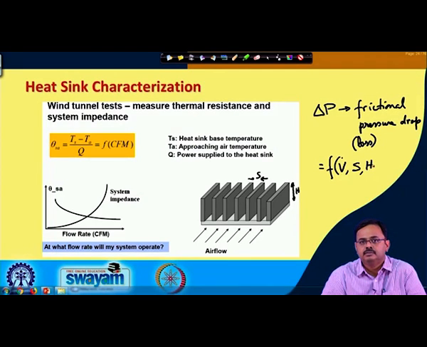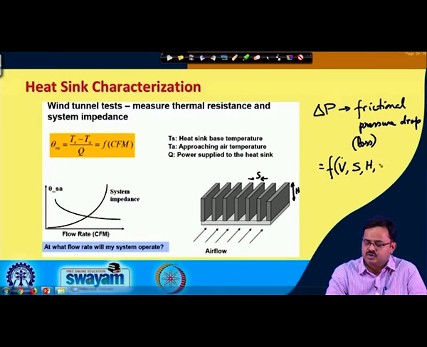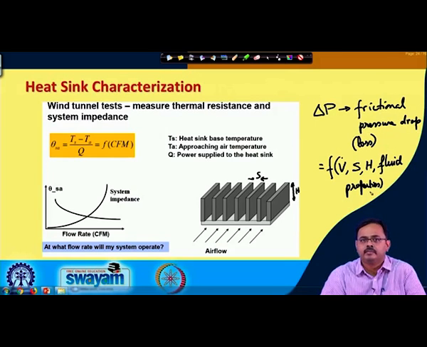Okay. And it is going to depend on the fluid properties. What are those fluid properties?